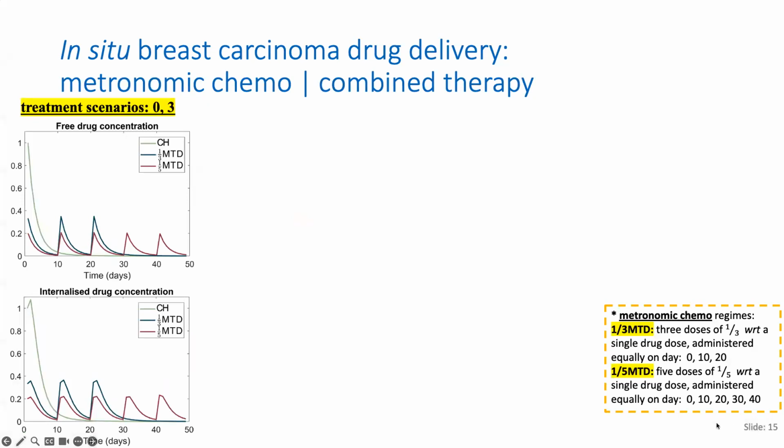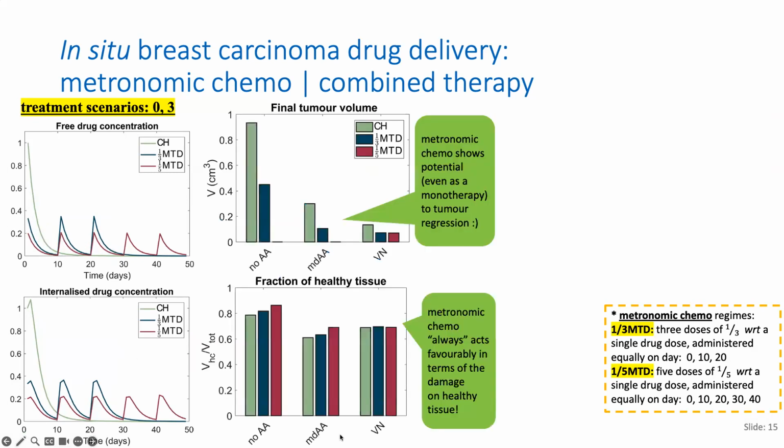Well, more results. I'll skip the discussion. These are simulations of metronomic chemotherapy. Instead of a single dose injection, you can see on this plot smaller doses of equivalent cumulative dose to the single one. We see here that the effect on tumor development is more pronounced compared to the single dose treatment. If we consider 5 smaller doses, one fifth of the initial administration, the tumor seems to almost be eradicated.